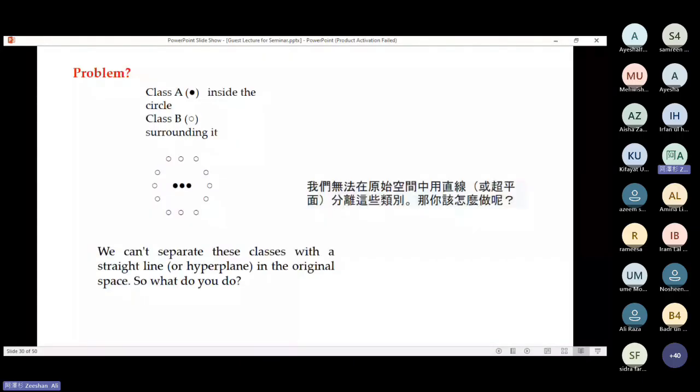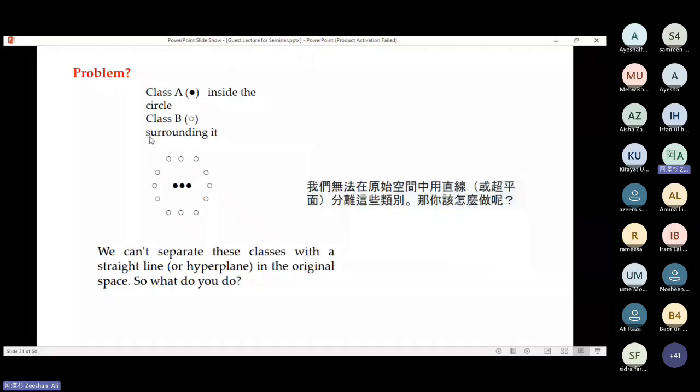What is the main problem? Sometimes we have clusters which are very difficult to classify with the help of a line or hyperplane. For example, we have a class A inside the circle, with three dots inside the circle. Similarly, we have a class B with white circles surrounding it.